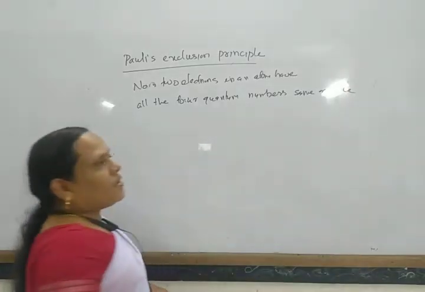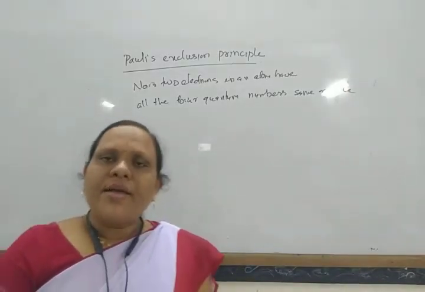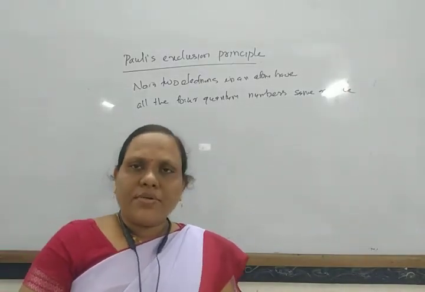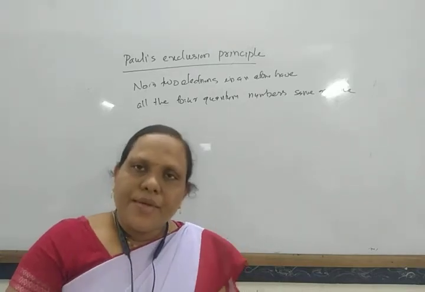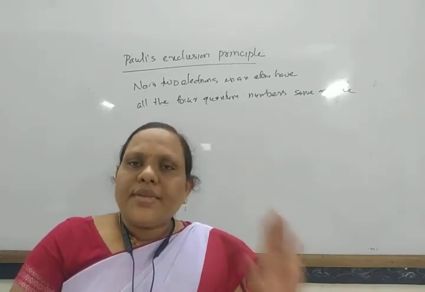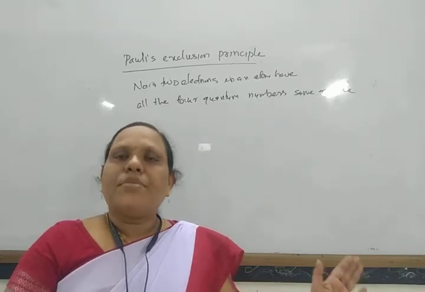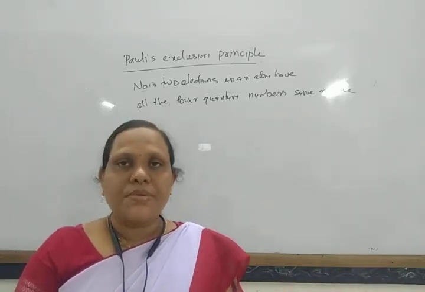That means if we consider any 2 electrons, then they must have a maximum of 3 quantum numbers the same, but the 4th quantum number must be different.